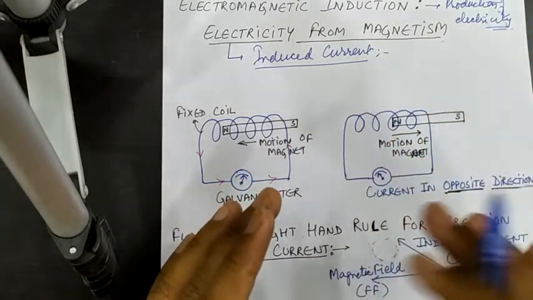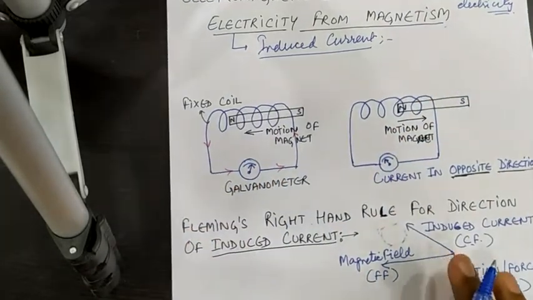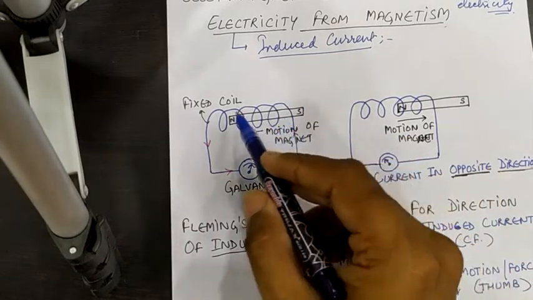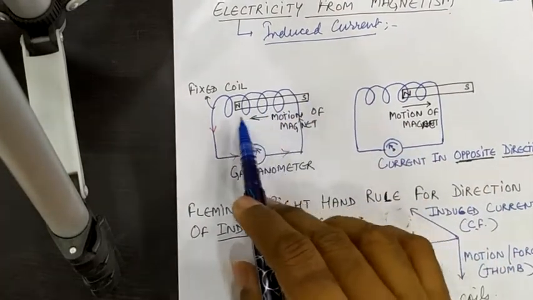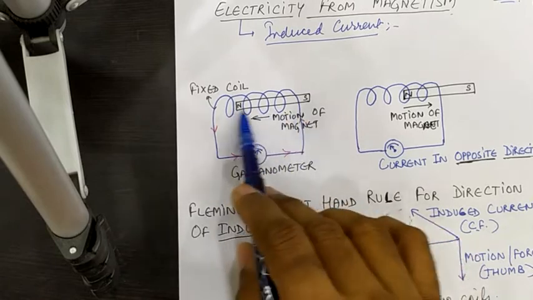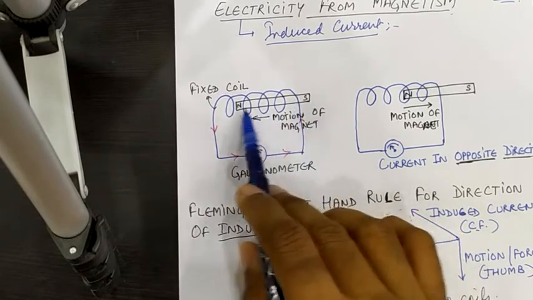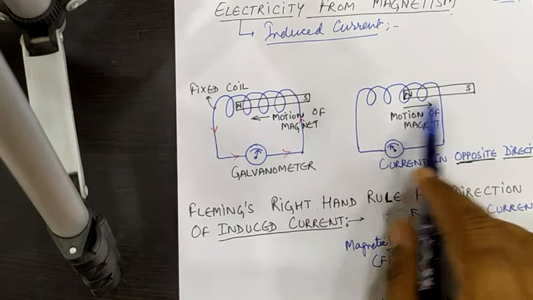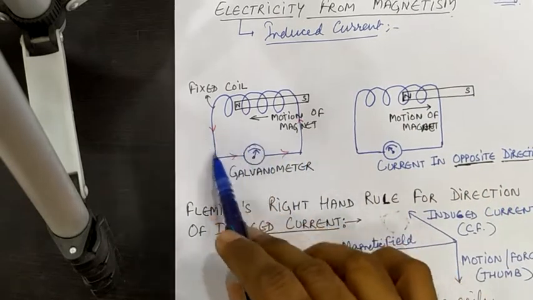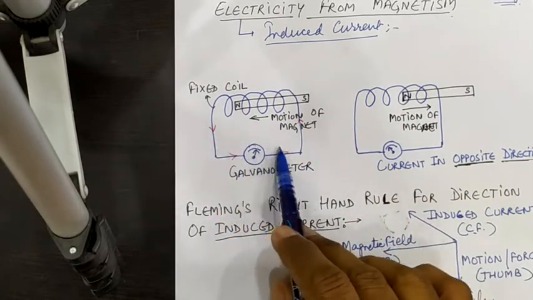magnet in a coil. So there should be relative motion between a coil and a magnet. As you can see here, there is a solenoid, and once you move a magnet either inside or outside, you will observe that some current is being induced here.